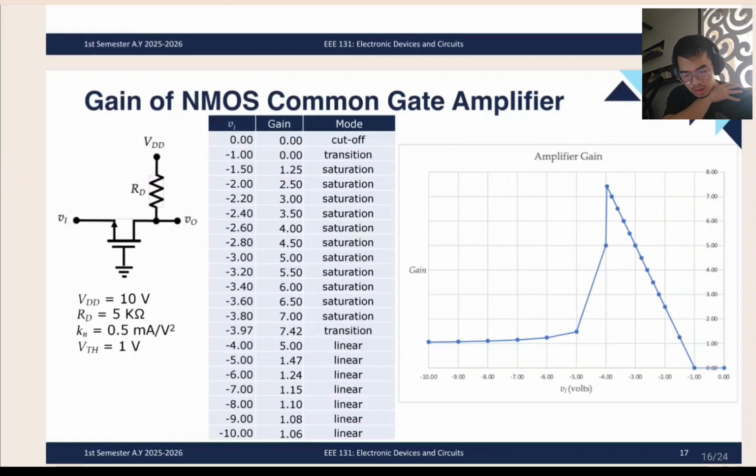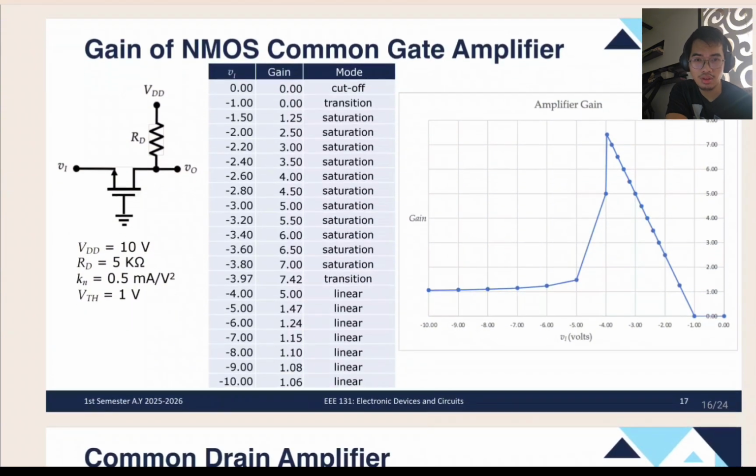The thing we have to look at here is that the gain at the saturation region is positive, compared to that of the common source. So for the common gate, it's positive, somewhat similar to the common base of the BJT.